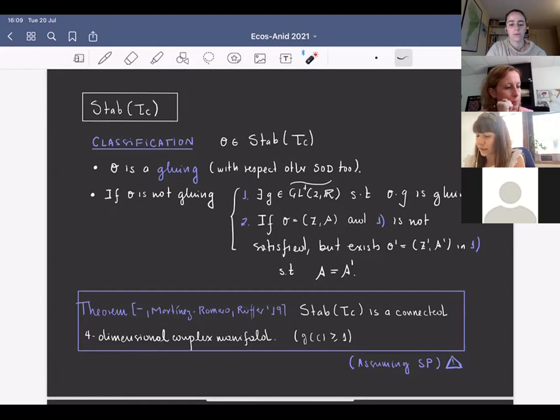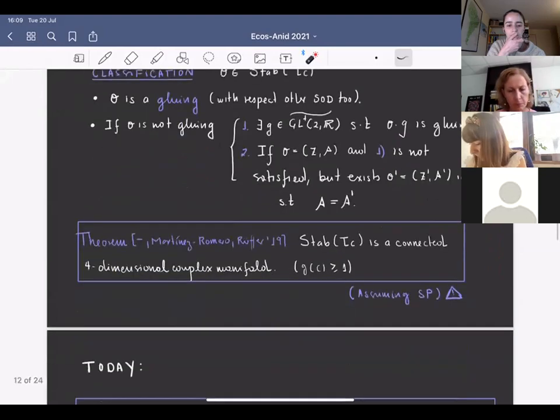In this case, they are either gluing stability conditions, or they are in the orbit of a gluing stability condition. And if they are not in an orbit of a gluing stability condition, the heart is one of the ones that already appeared, either as a gluing or in the orbit of a gluing stability condition. So this classification also plays a role afterwards to study the moduli in each of the cases.